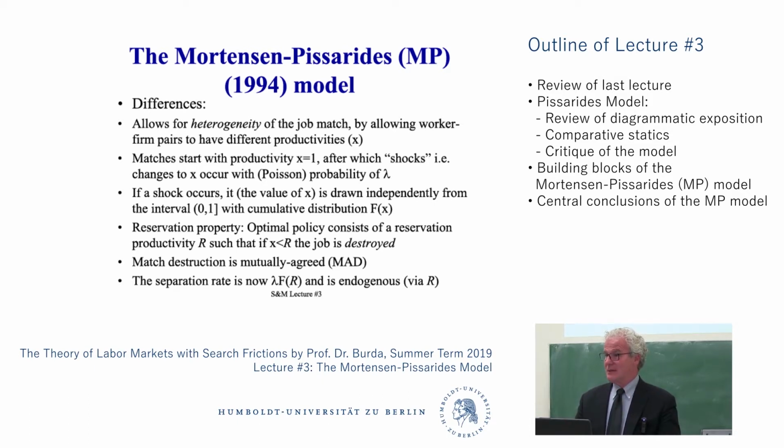And then after that, we have Poisson arrivals of a new draw of productivity. I'm going to detail this with excruciating detail in a second. But just remember, you meet, X equals 1, and then after that, you're subject to a Poisson process. Your match productivity is a Poisson process with an incidence probability of lambda.